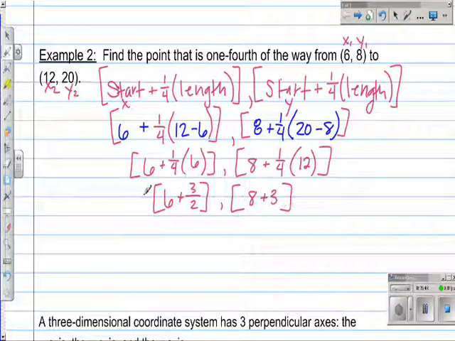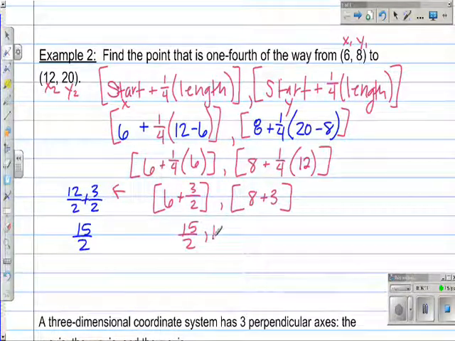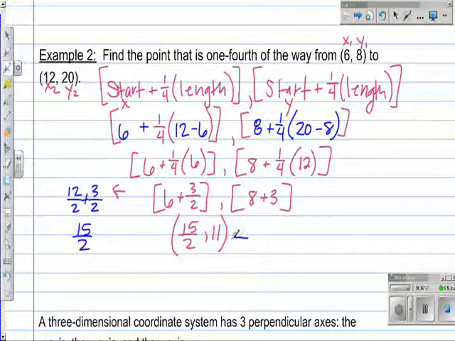Okay, so over here we can find a common denominator. You know 6, if you get a common denominator, is 12 over 2 plus 3 over 2, because I multiplied 6 by 2 over 2, and we have 15 over 2. Okay, so our x value is 15 over 2, and our y value is 8 plus 3 is 11.